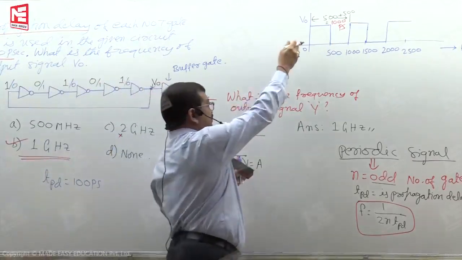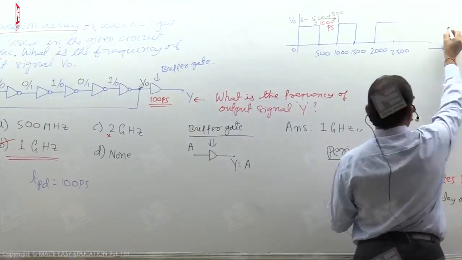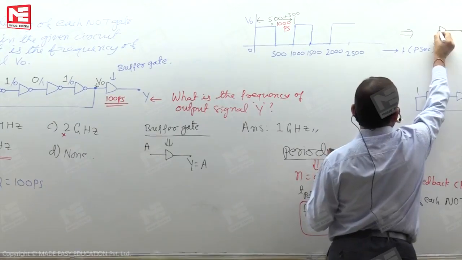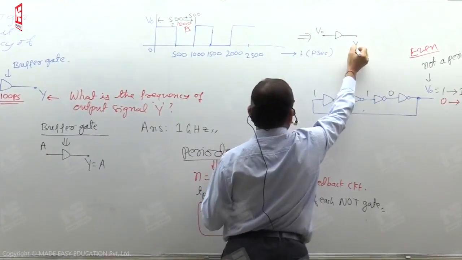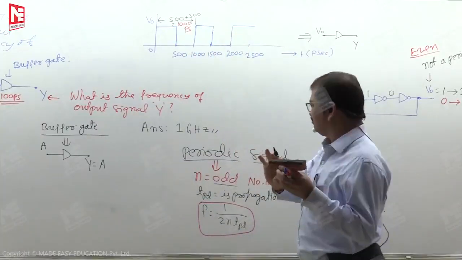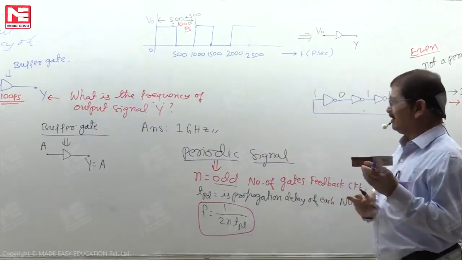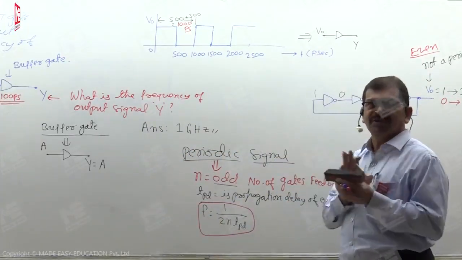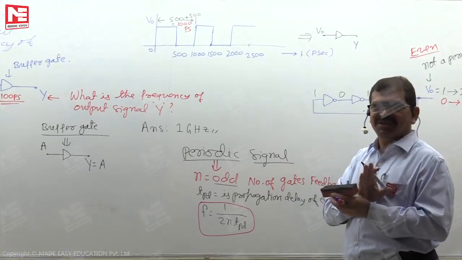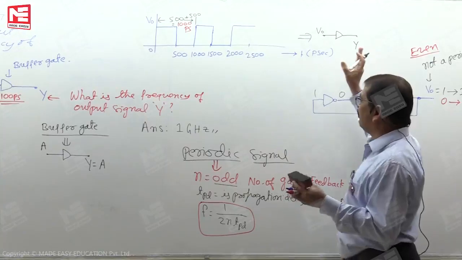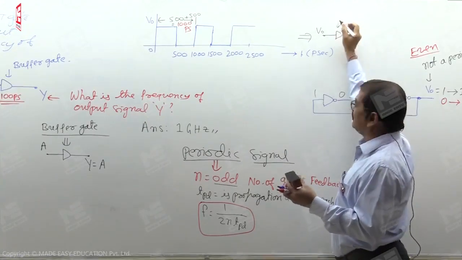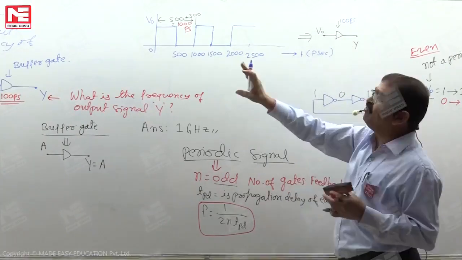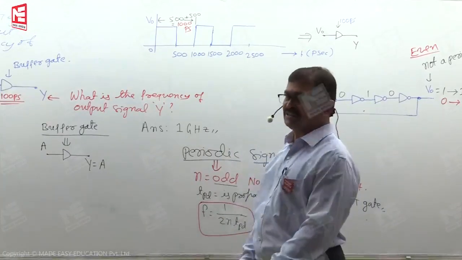The buffer gate is not doing any modification in the wave shape. It produces output same as the input, so the overall wave shape is not changing. The only small difference is the output is available with a delay of 100 picoseconds, so the waveform is shifted right by 100 picoseconds.